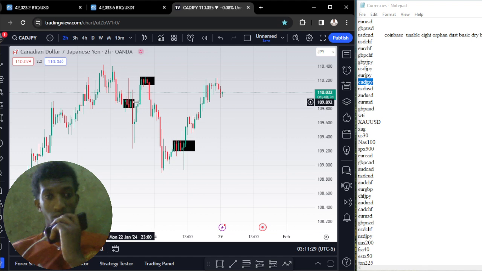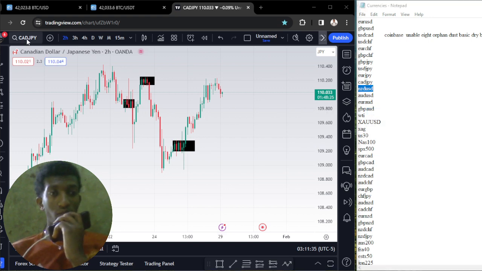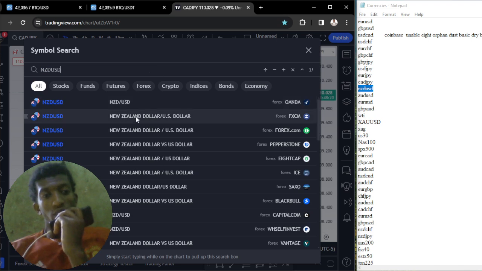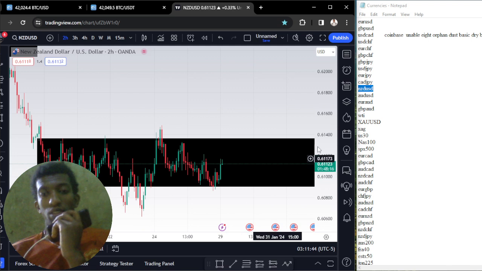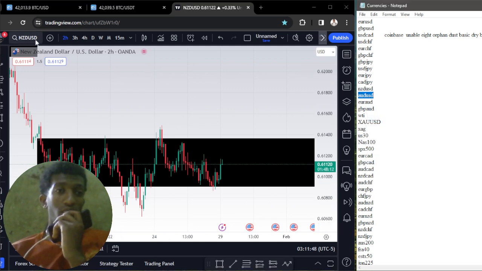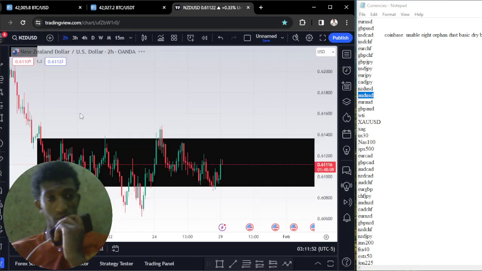As you can see, there were some amazing trades we could have profited on. On Kiwi dollar, we have nothing here also. Still consolidating this range, right? Aussie dollar, as you can see, nothing.